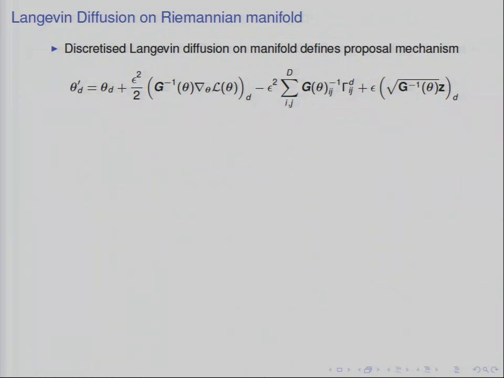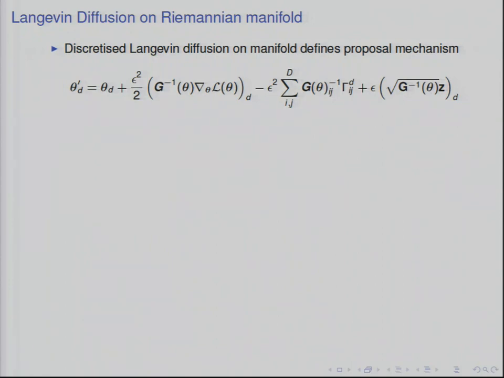And probably the most obvious thing that was really going to be useful is that rather than having this spherical diffusion, this spherical innovation process, we've now got this square root linear operator acting on these spherical Gaussian variates.